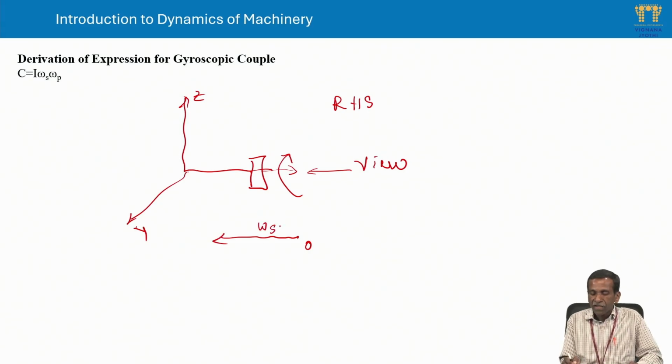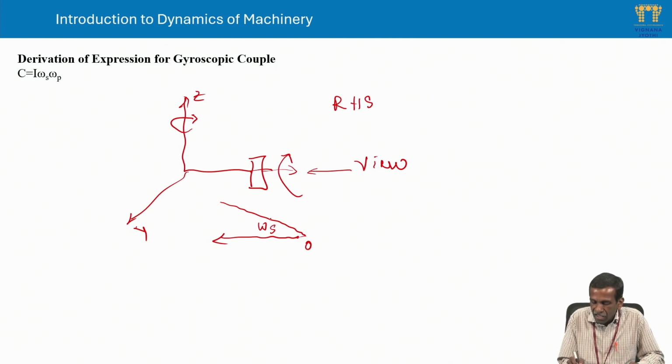Then I am going to rotate this spin axis along with the rotating body. From the top I am rotating, let us say again clockwise.